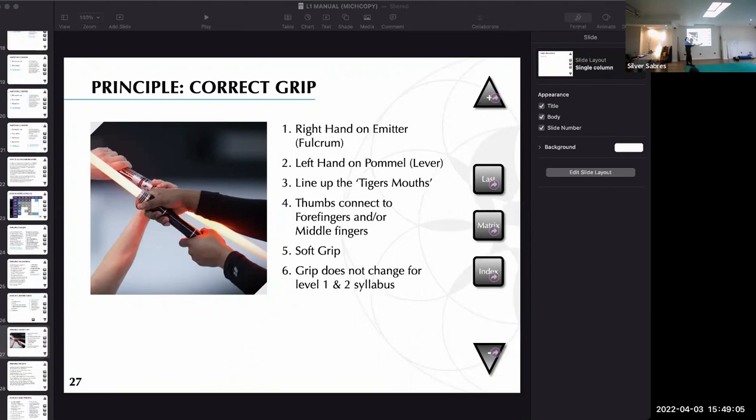There's not a lot of movement in the wrist at all, okay? And it doesn't change for the level 1 and 2 syllabus. There will be times and places in level 4 and beyond when you're going to need to change. You might even release the right hand entirely to get a cheeky extra range pommel.